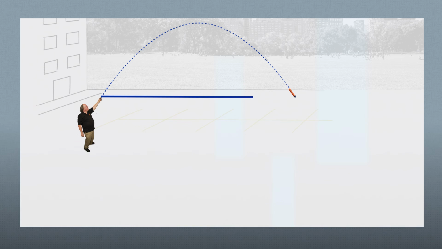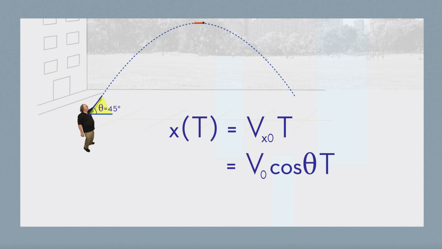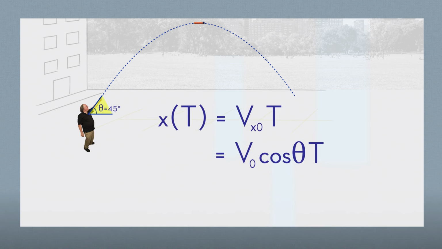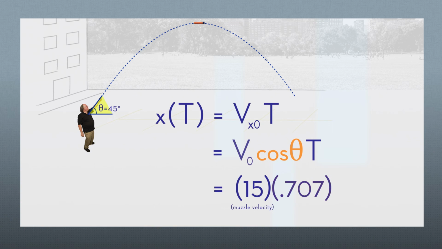How far does it go horizontally in that time? Well, x at big T is just horizontal motion. It's Vx0 times big T. Vx0 is V0 times cos theta, times big T. Plugging all those numbers in, we get 15 times 0.707 times 1.05.